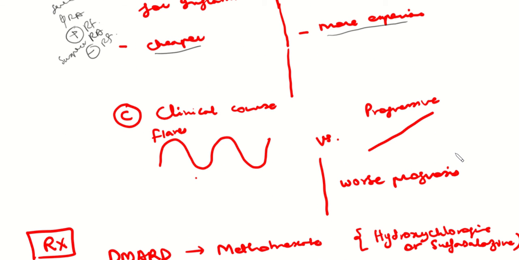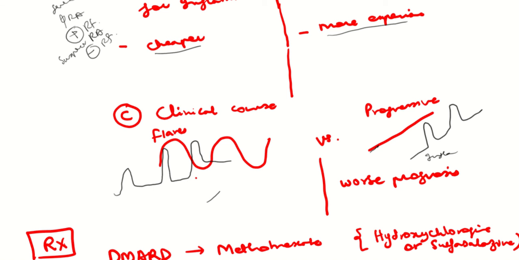So, clinical course. Generally, the clinical course is you have flares and then you have inflammation baseline. Flares, inflammation baseline. Flares, and then your inflammation baseline can go up. Or it could be progressive where things are just going upwards, flare, and then this is inflammation. So it's just inflammation is continuing to rise.